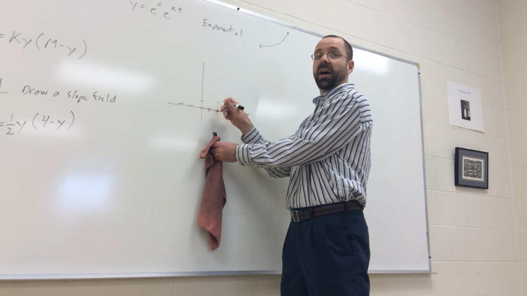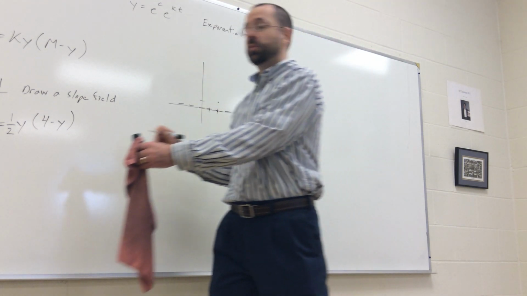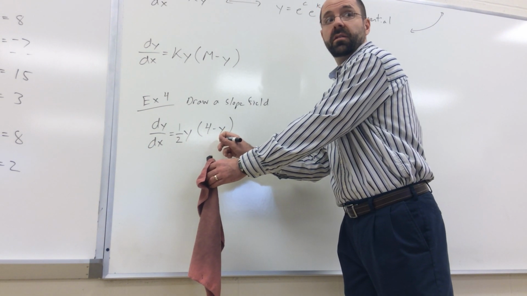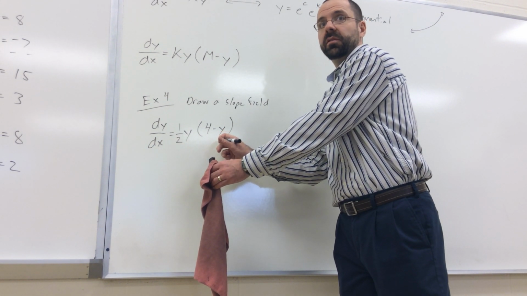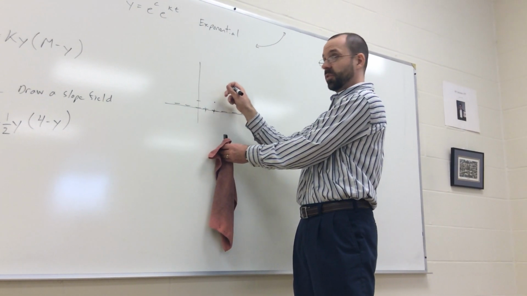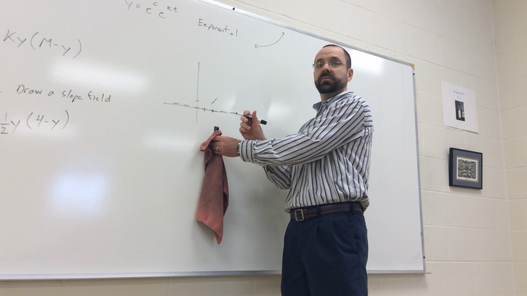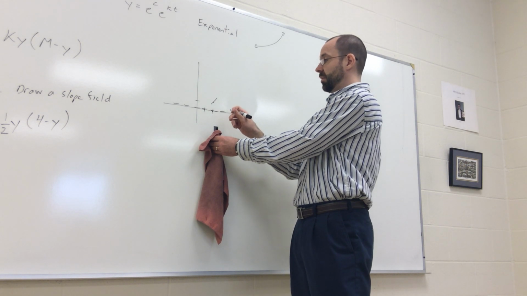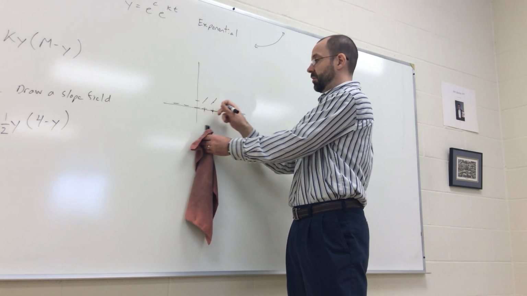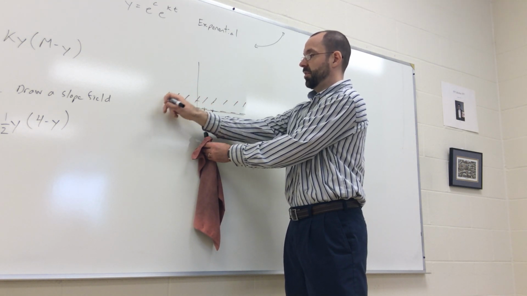At the point 2, 1, the y is 1. So we've got 1/2 times 1 times 3. So 3/2. So we just need to draw a little line that we think goes up 3 over 2. Just eyeball it. And then 1, 1 is going to be the same, right? Because it has the same y value. All these points are going to be the same, because they all have the same y value.